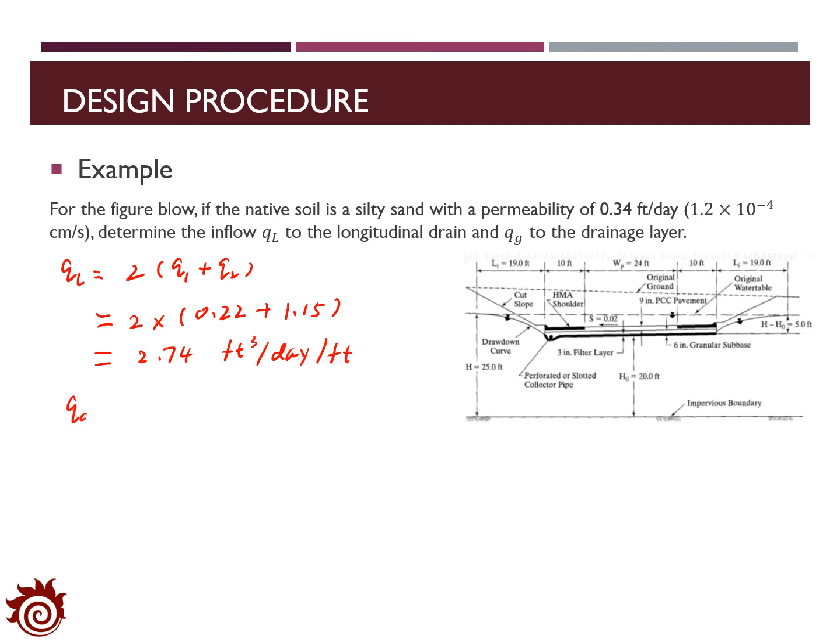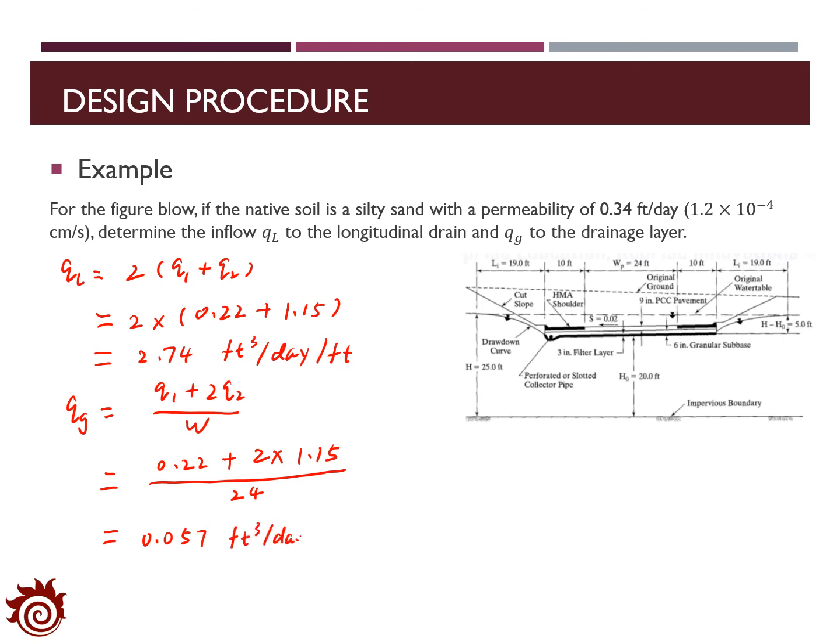And for Qg, that is Q1 plus 2Q2 over W, which is 0.22 plus 2 times 1.15 over the width of 24. So that gives us the result as 0.057 feet cubed per day per feet squared.